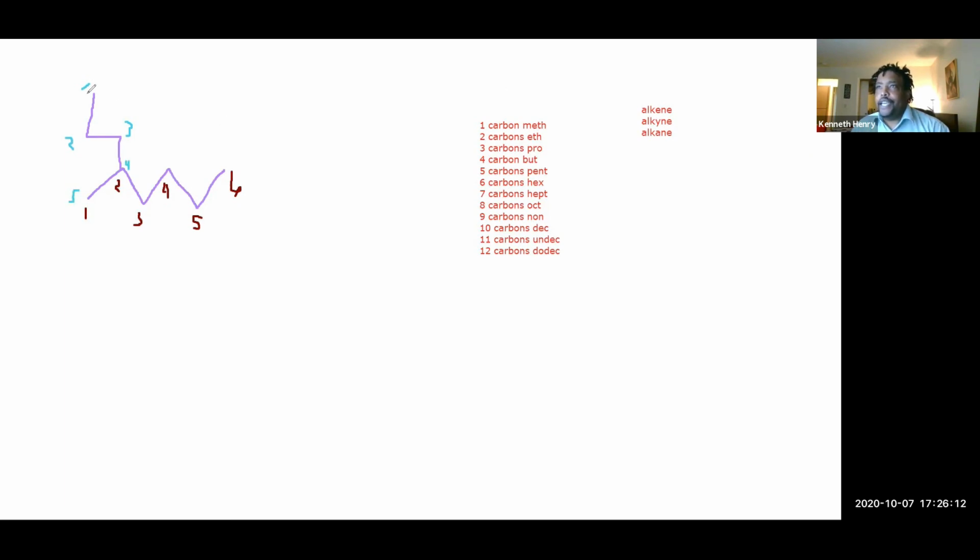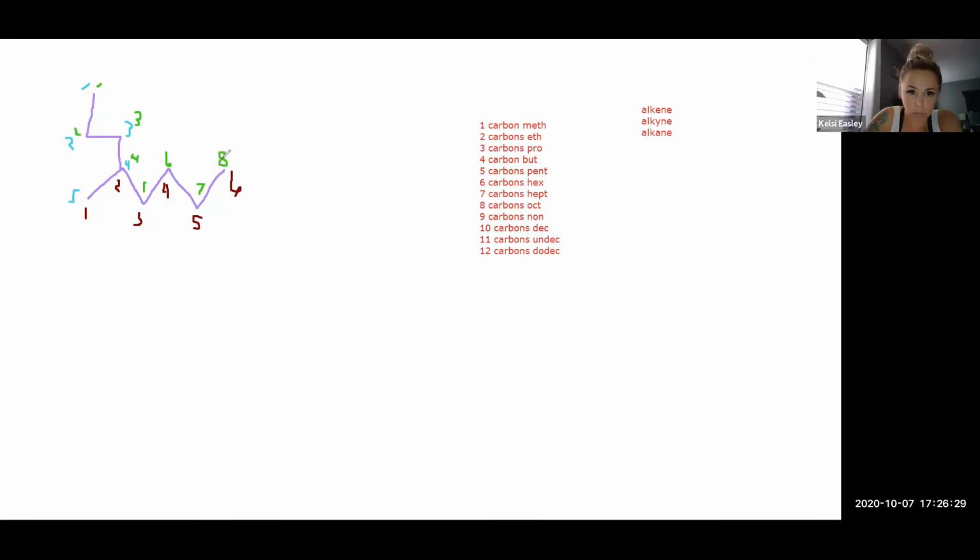If I start here, 1, 2, 3, 4, 5, 6, 7, 8. Which one is the longest carbon chain? The top one. 8.